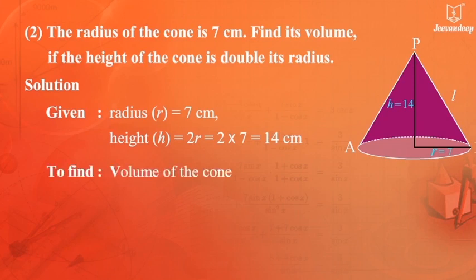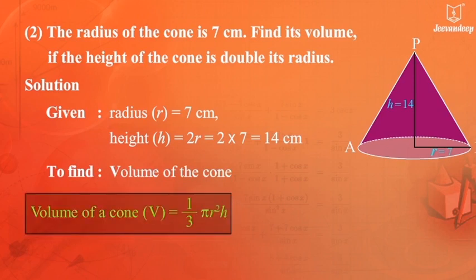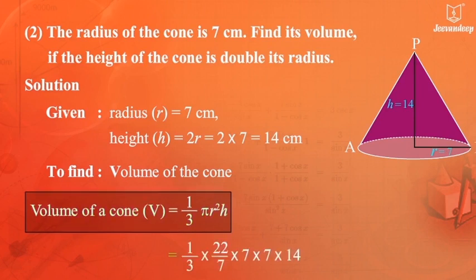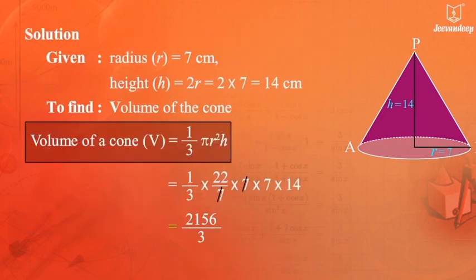To find volume of the cone, volume of a cone represented by V equals 1 upon 3 pi r square h, equals 1 upon 3 multiplied by 22 upon 7 multiplied by 7 into 7 multiplied by 14, equals 2156 upon 3.